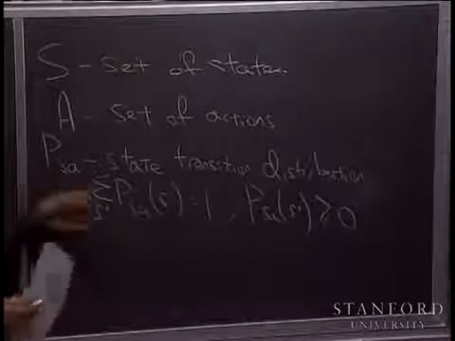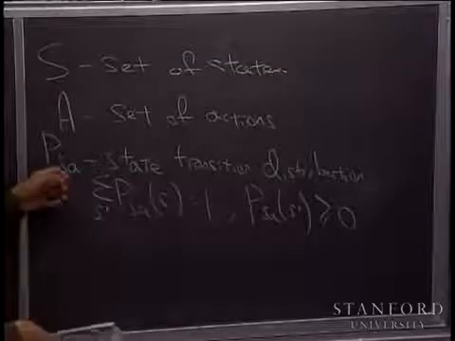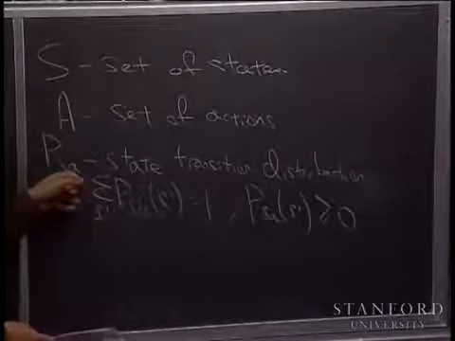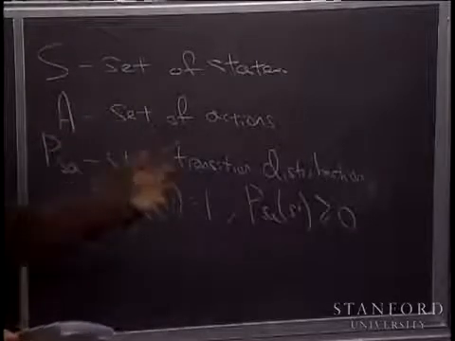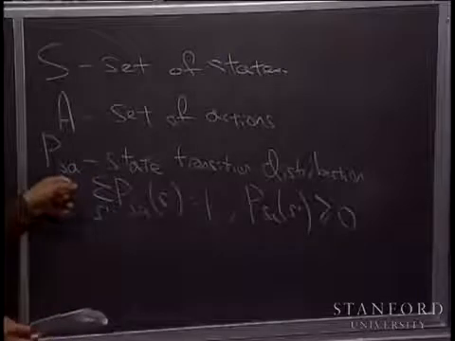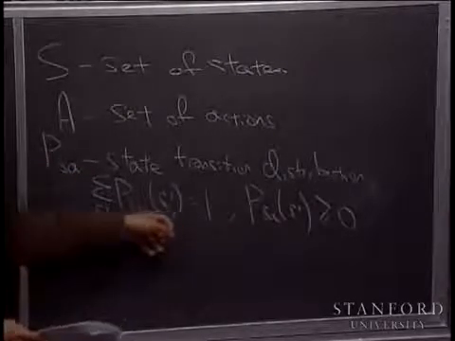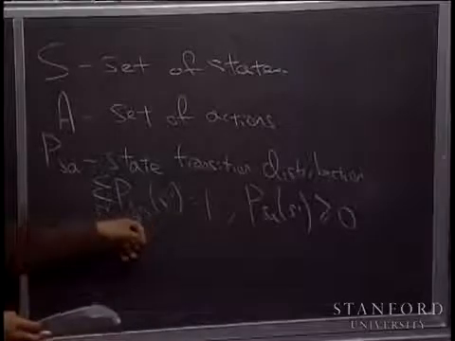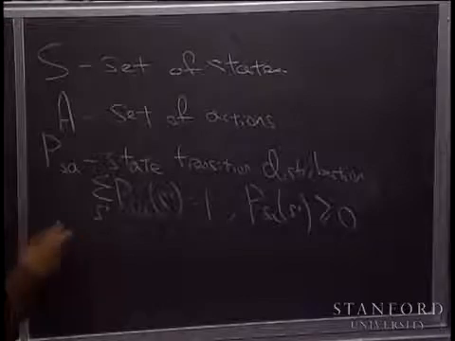State transition distributions or state transition probabilities work as follows. P subscript SA gives me the probability distribution over what state I would transition to next, or what state I'll wind up in if I take an action A in a state S. Okay, so this is a probability distribution over states S prime that I might get to when I take an action A in a state S. Now I'll revisit this in a second.